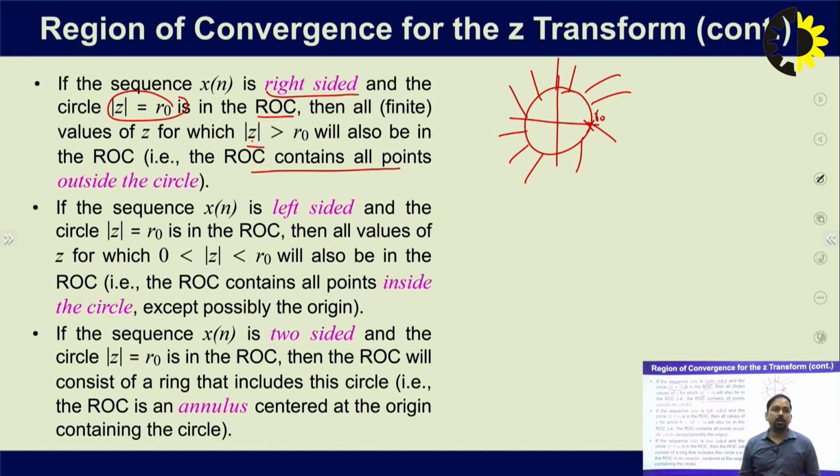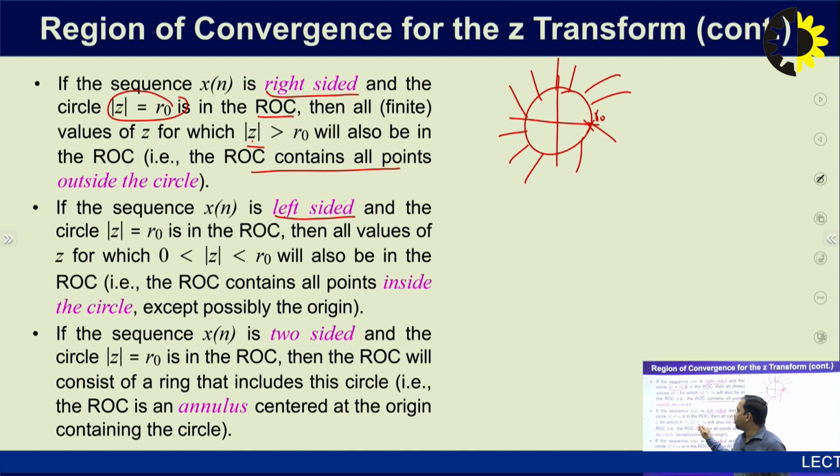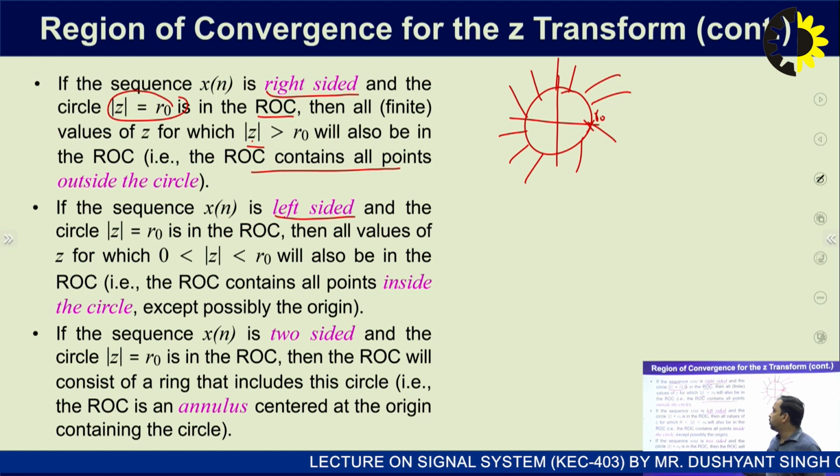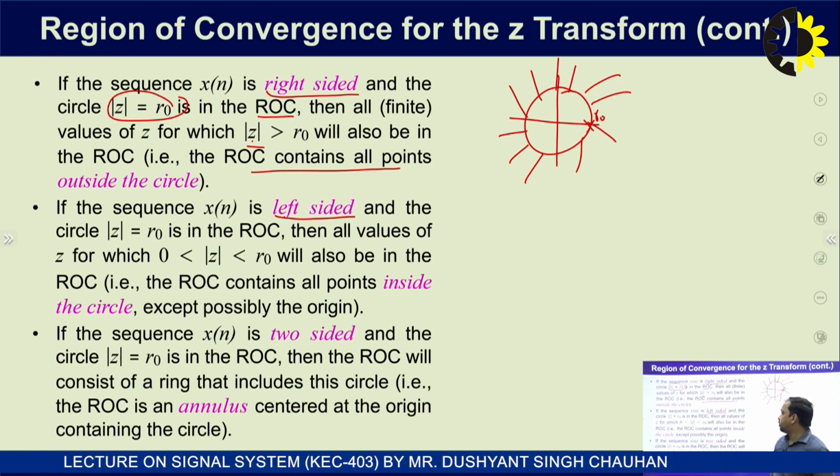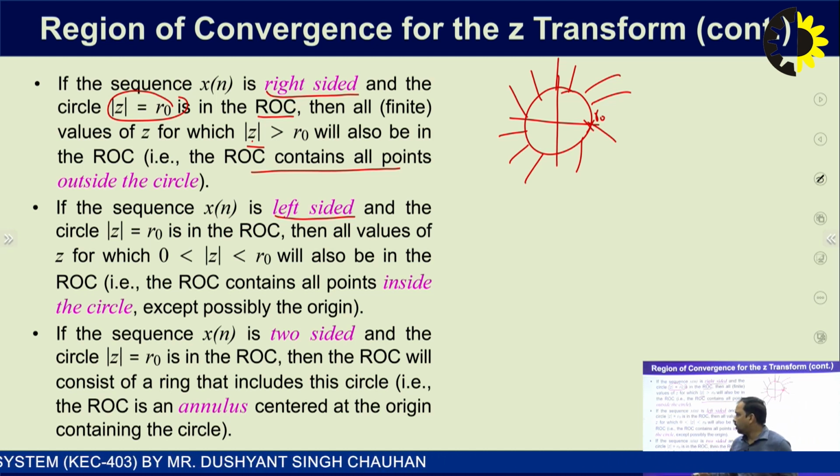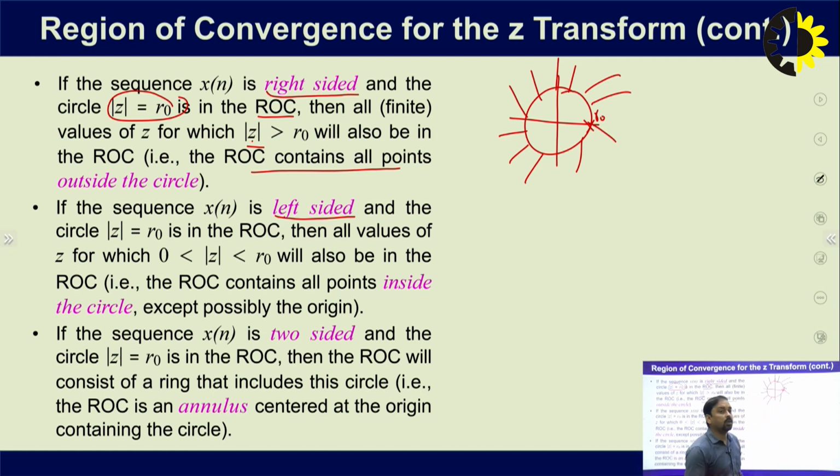Similarly, the same kind of approach is applied to the left-sided signal also. If x[n] is left sided and mod z equals r0 lies in the ROC, then all values for mod z less than r0 and greater than 0 will also be in the ROC, and we need to see whether mod z equal to 0 is eliminated or not.